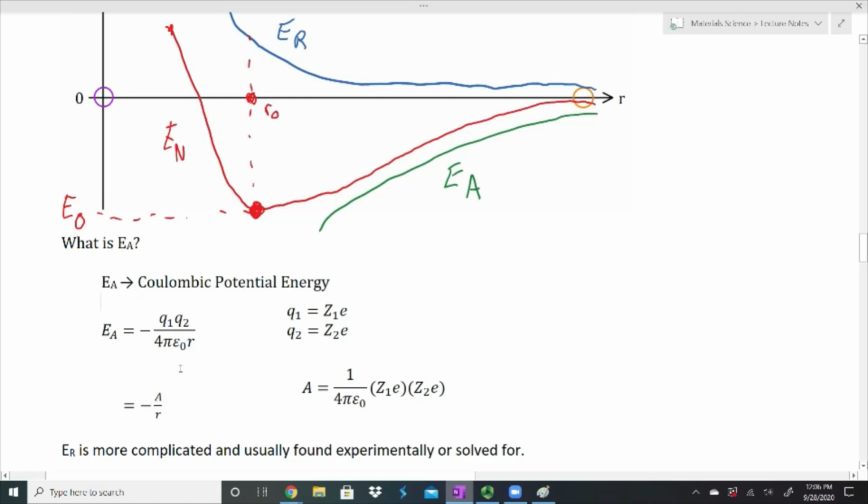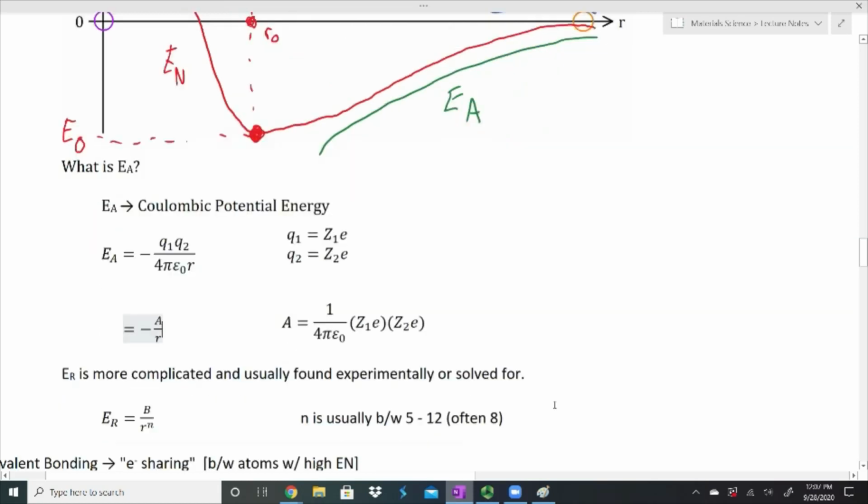We love to simplify things in math. We want things to look simple. This isn't necessarily difficult, but we want it to look more clean. We can just have it be negative A over R. And in that case, A equals everything else besides the R. And so we can simplify things quite a bit by looking at it this way.